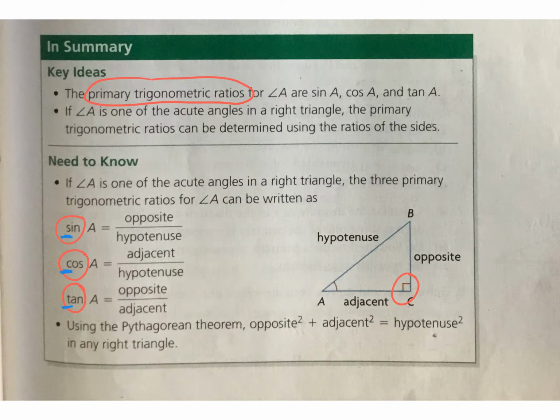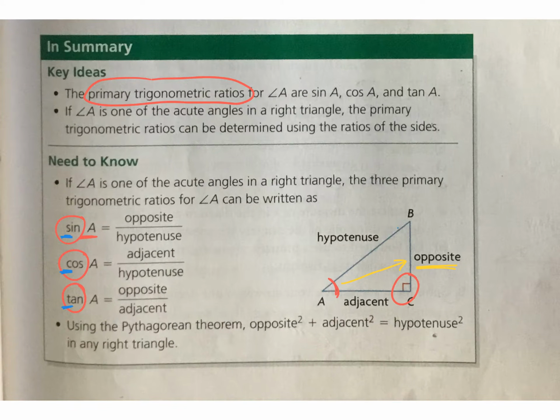So in this example, if angle A is the one that is referenced, if that's the one that's indicated, you will label the sides in relation to that angle. So that side BC is opposite in relation to angle A, right? Does that make sense? It's always in relation to the angle indicated.